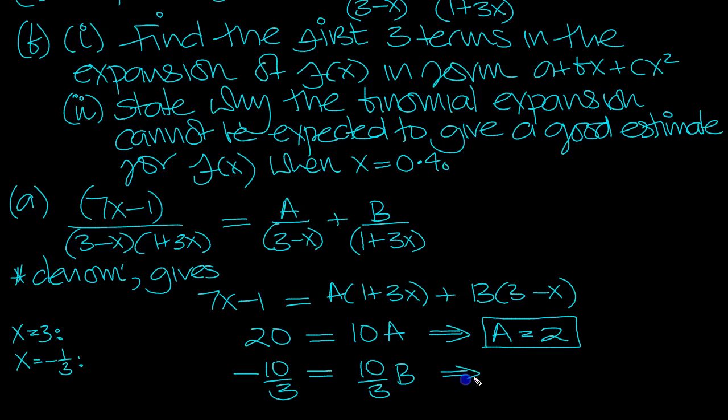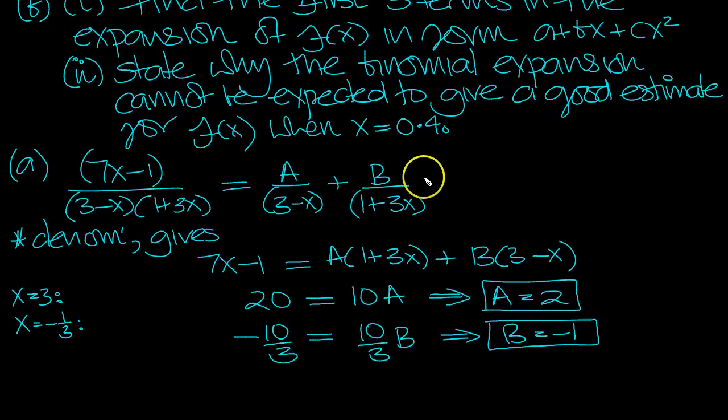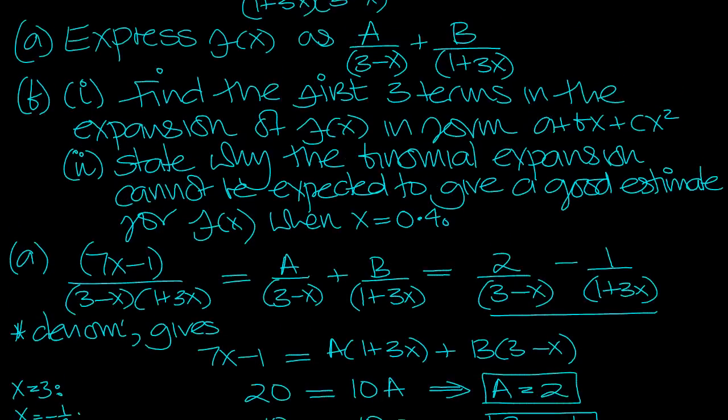Just divide by 10/3 on both sides and we see b is minus 1. So this is equal to 2 over 3 minus x plus minus 1 over 1 plus 3x. There's the answer there.